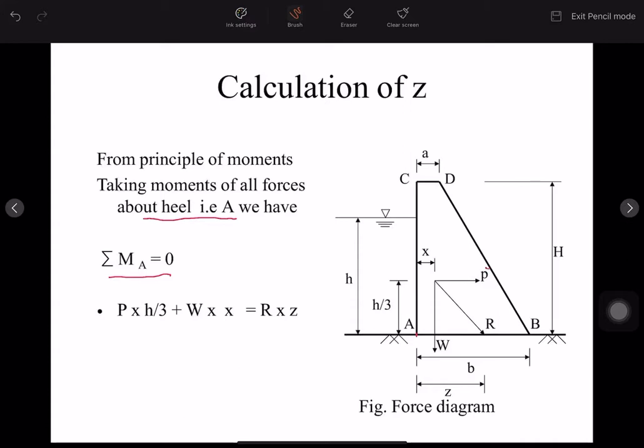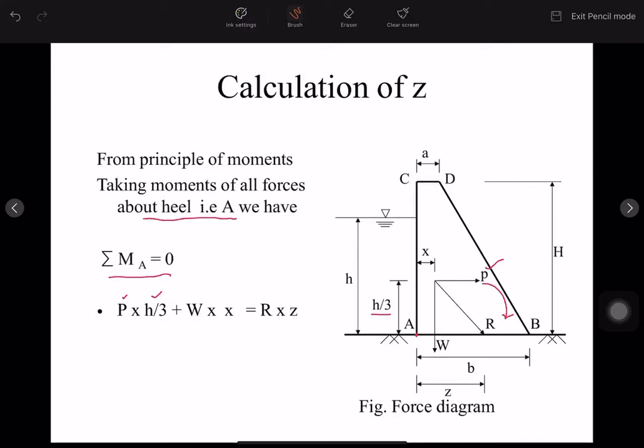First one is P. P is at a distance of h by 3 from A. So force into perpendicular distance, P into h by 3, we get a moment. This is a clockwise moment with respect to point A.